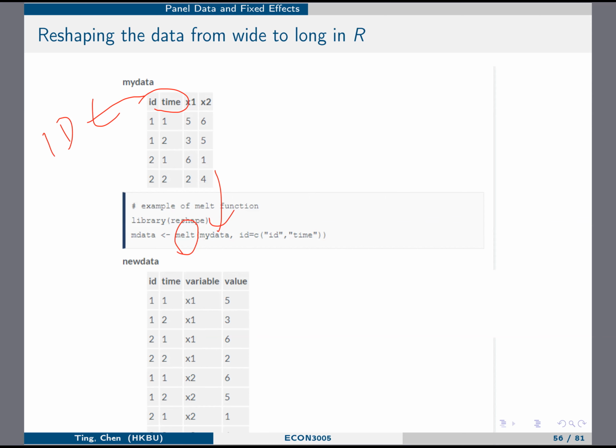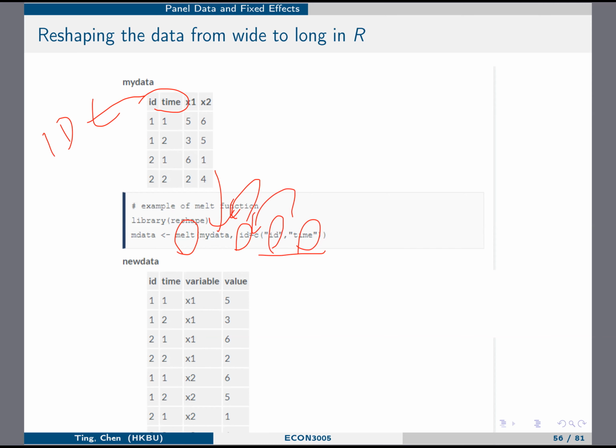So we put them into a vector, and then put this vector into the id argument: id equals to this vector.